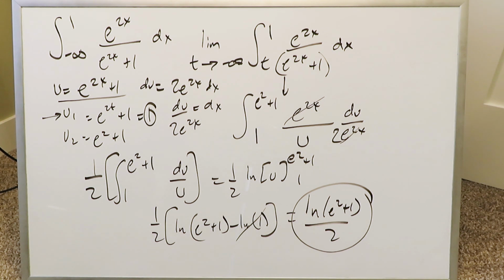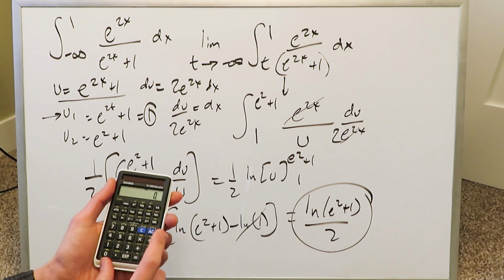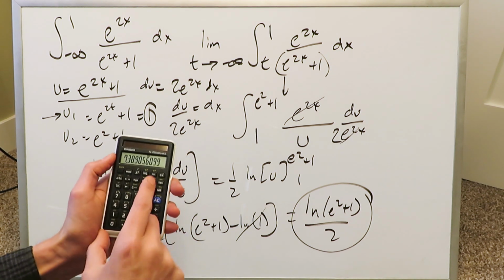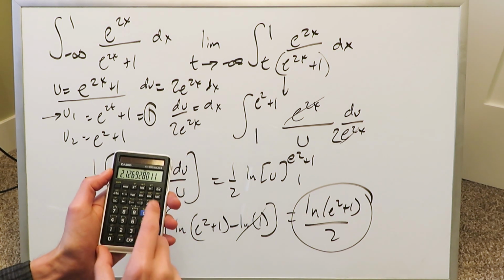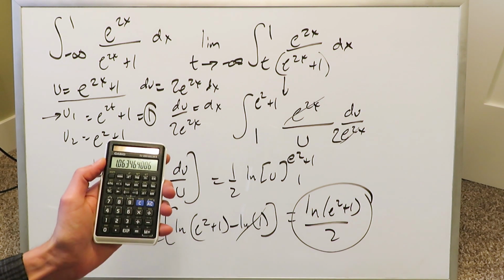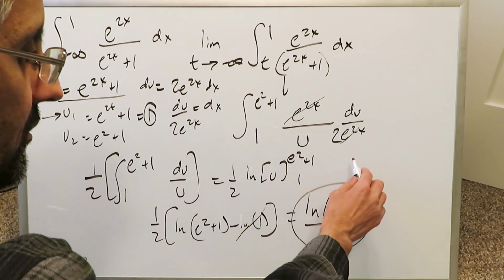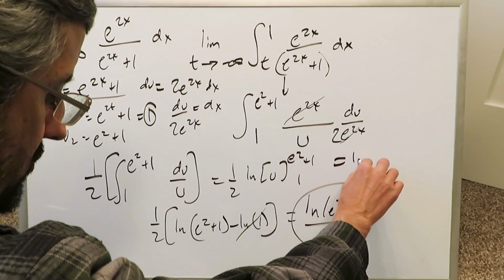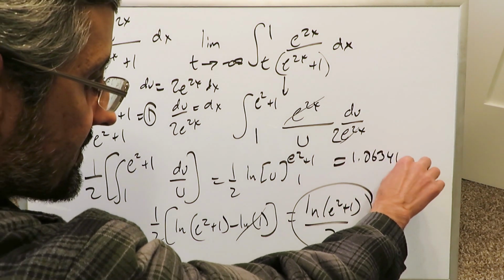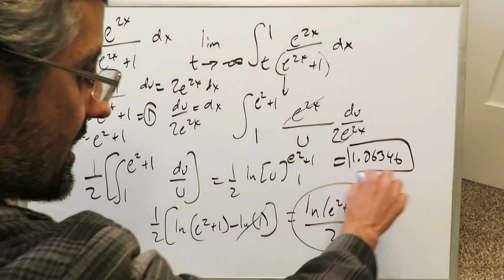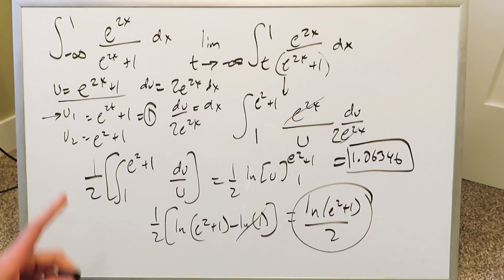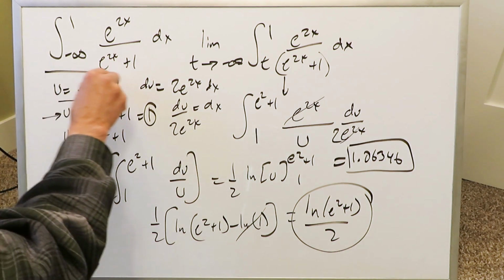Your definite integral procedure for this type 1 improper integral is completed. You can bring out the calculator and solve it. You have e squared plus 1, you natural log it, you divide it by 2, and you get 1.06346. Your area below the curve for that graph I showed you is 1.06346, a very finite area representing a good convergence for this type 1 improper integral.